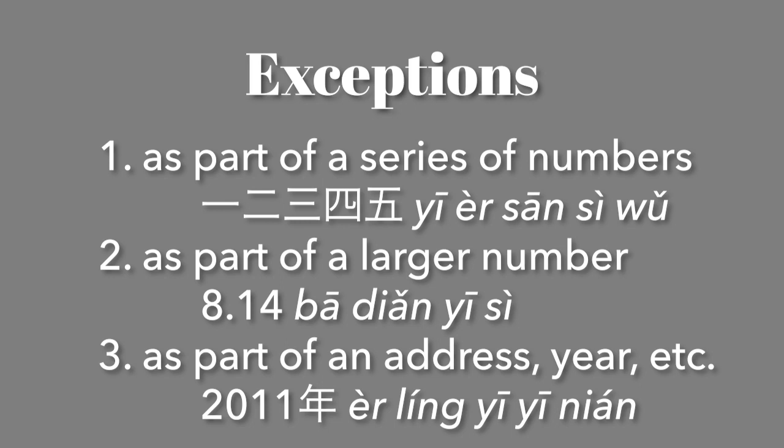So for this date, you'd say 2011年, and notice that both of those are in the first tone, 2011年, right? So basically when it's being used as a number and not as part of a word is a good way to think of it. It'll be the first tone. In any other situation, you need to follow those tone change rules.